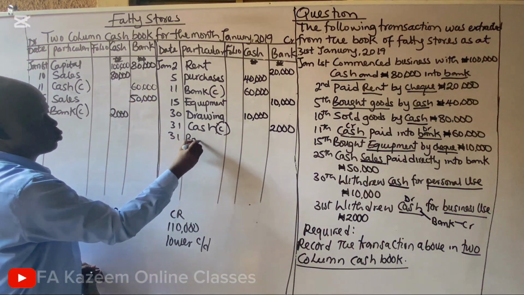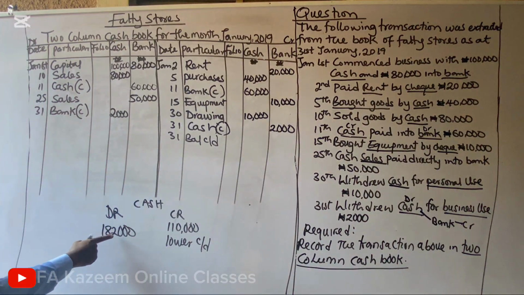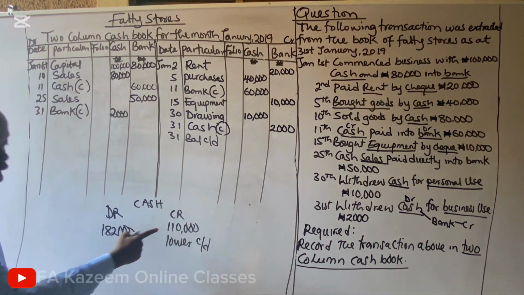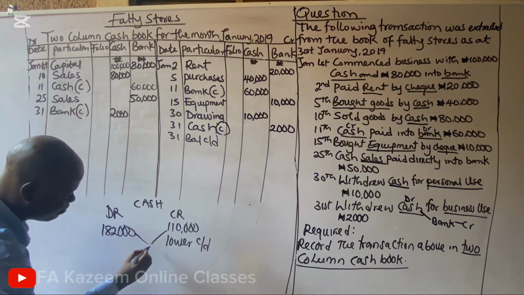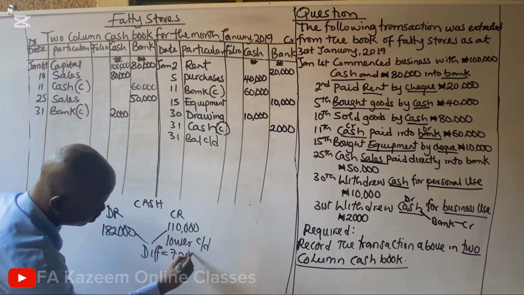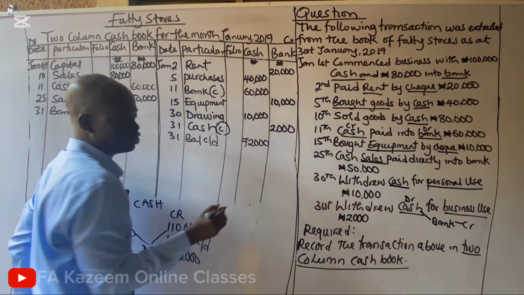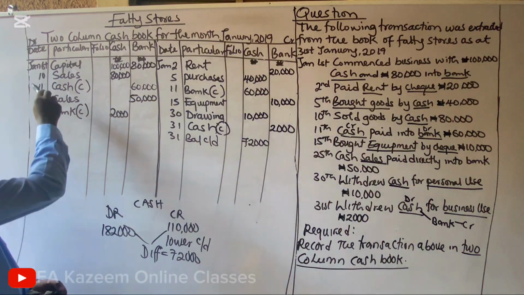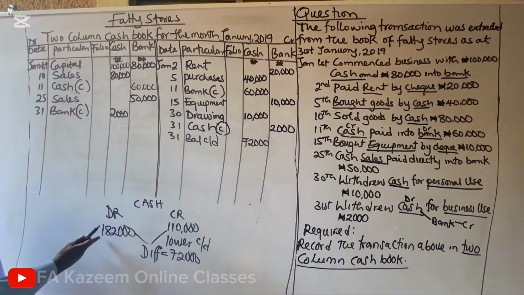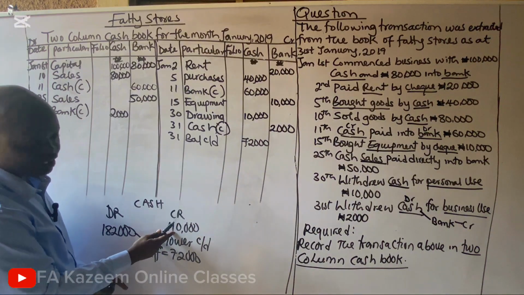On 31st, we'll say balance carried down for cash. We'll now say 182 minus 110. We'll find their difference. Their difference is 72,000. That's the balance carried down for cash. What does this mean? In the month of January 2019, they have a total inflow of cash of 182,000. Out of 182,000, the company made a payment of cash out of 110,000.